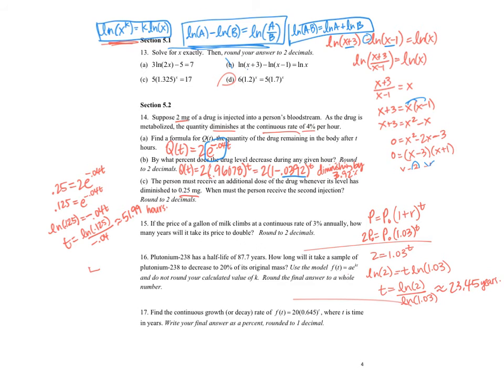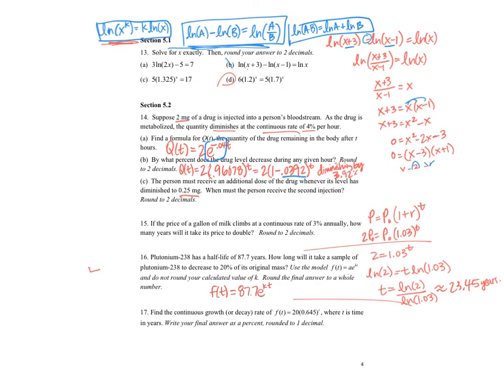All right, so let's see here. So we'll see f of t equals... Okay, so our model here is f of t is equal to 87.7 e to the, I don't know what the rate is, so kt.